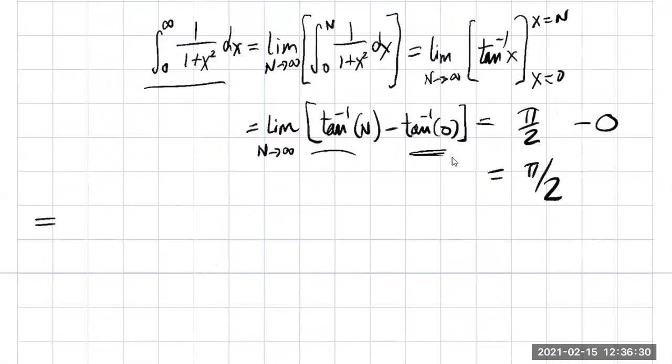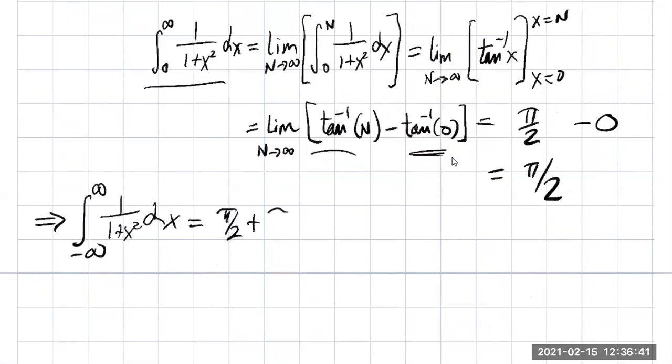So this tells us that the original improper integral is equal to the number pi. So the improper integral converges to pi.